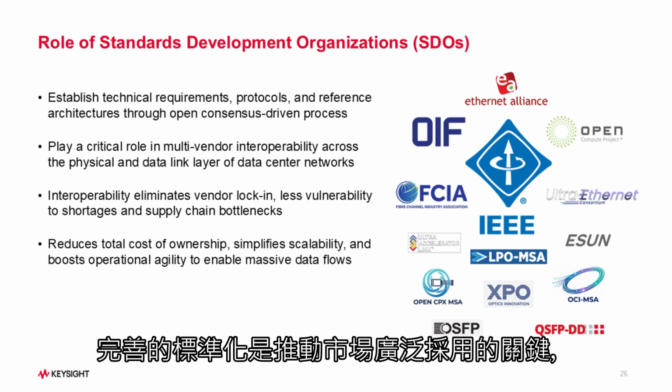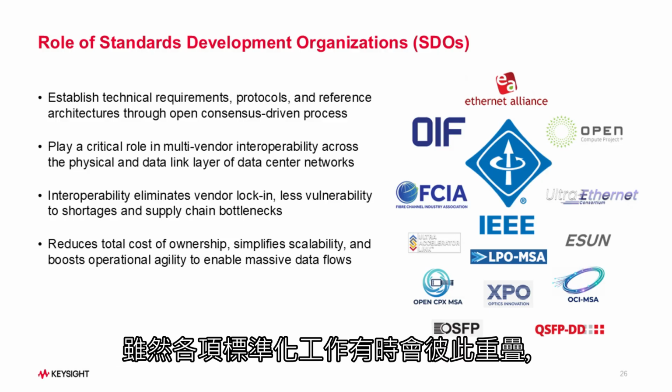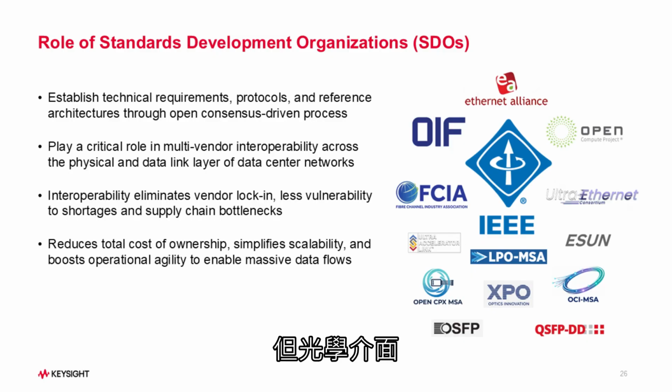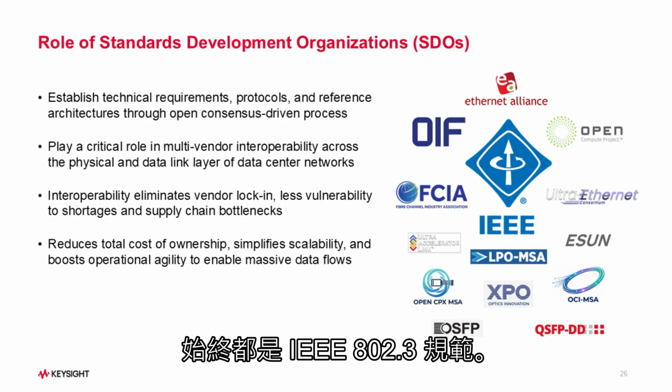Standardization is essential to drive broad market adoption and to reduce the total cost of ownership. And while standardization efforts might overlap sometimes, the focal point for our physical layer specifications of optical interfaces has always been the IEEE 802.3 specs.